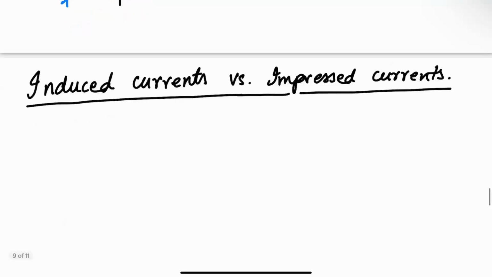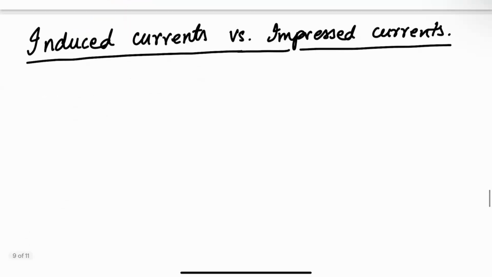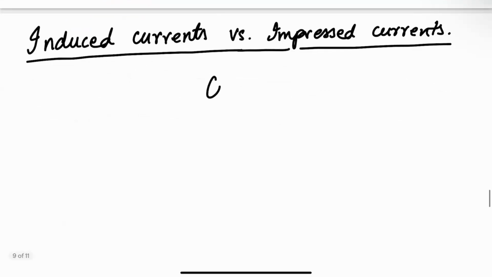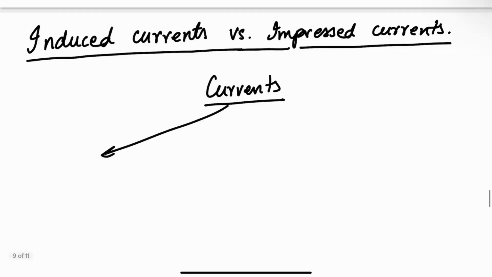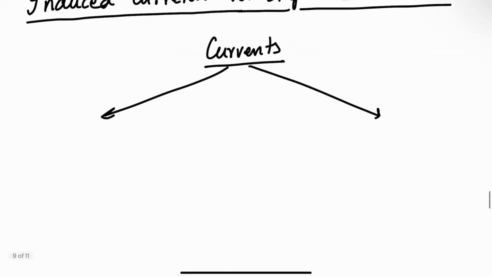So I think it's important to spend some time and kind of clarify what it is. Right, so broadly speaking, you can classify currents into two categories. Let's call it impressed currents.